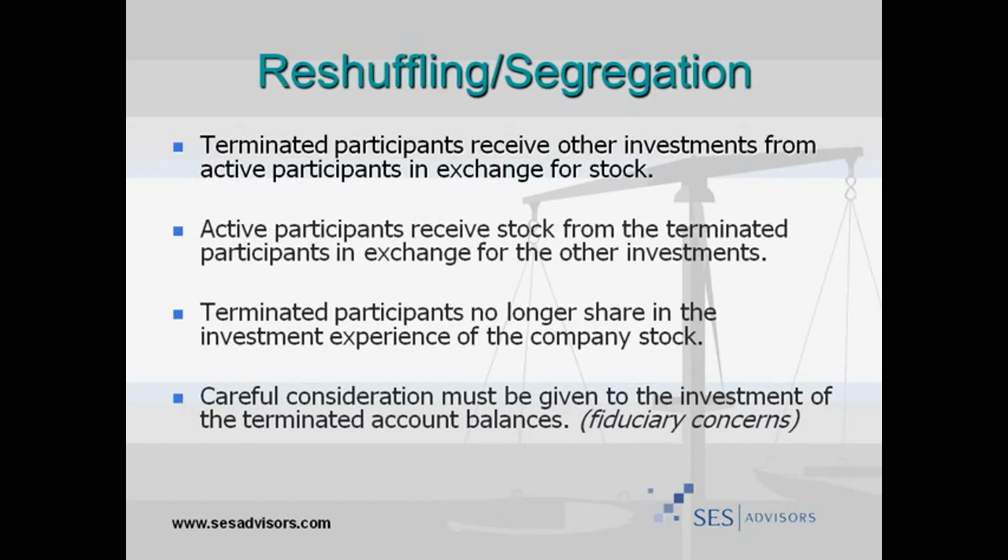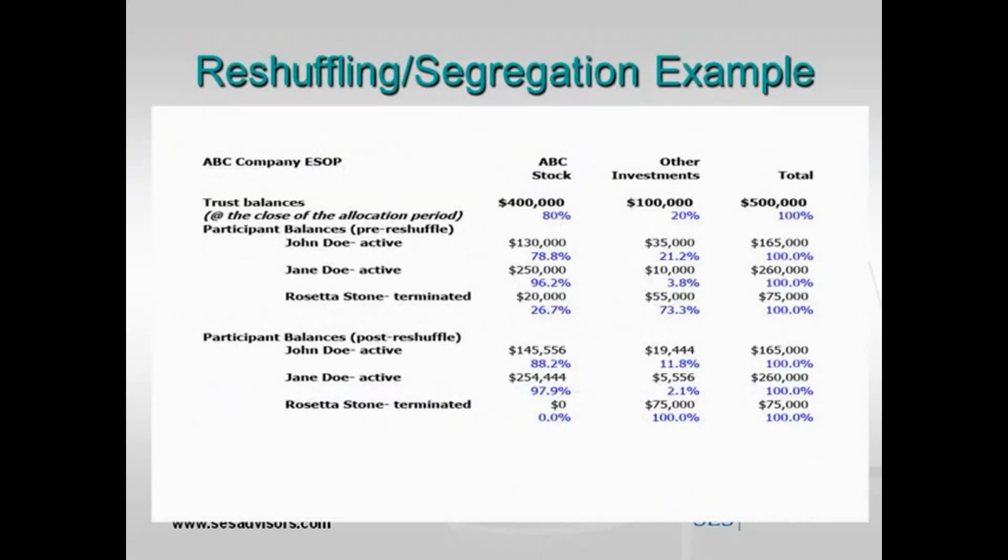They're receiving stock from the terminated participants in exchange for the other investments. So in our example, Rosetta Stone was being divested of about $20,000 worth of stock. The Jane and John Doe, the active participants, you'll see their company stock balances increasing as a result of the exchange. But again, not proportionately. We aren't forcing them to the 80-20 breakdown. We are just exchanging equal value.